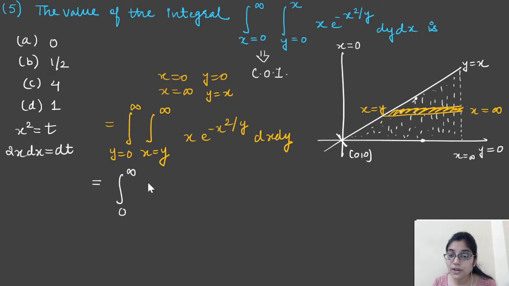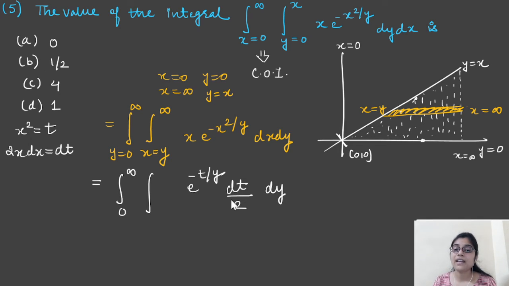So what will we write over here? Integral, then your x dx is going to be equal to what? dt by 2. Fine. And then here you will get e raised to the power minus t by y. Okay, why? Because you considered x square equals t, and you will get 1 by 2 also in the denominator, then this is your dy.